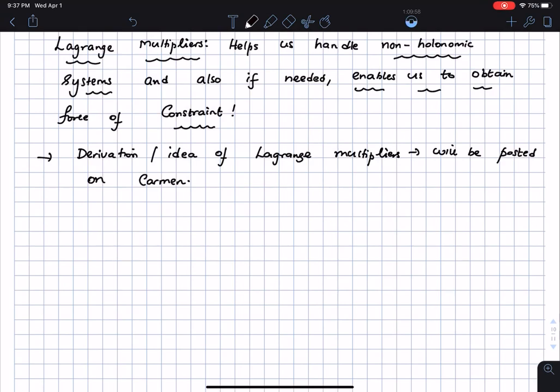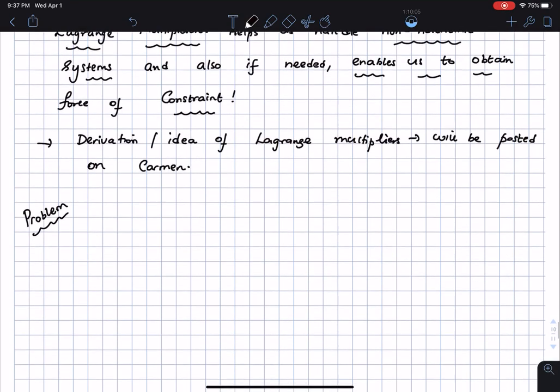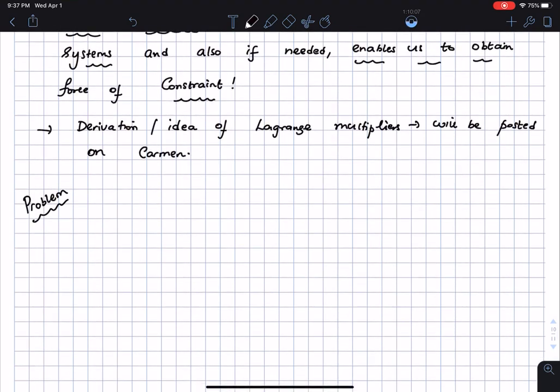I'm going to start off with a very simple problem. This is very silly, and you will see that this is too trivial to use the Lagrangian method, but it kind of pushes the point for us. I'm going to consider a smooth block sliding on a smooth horizontal surface.